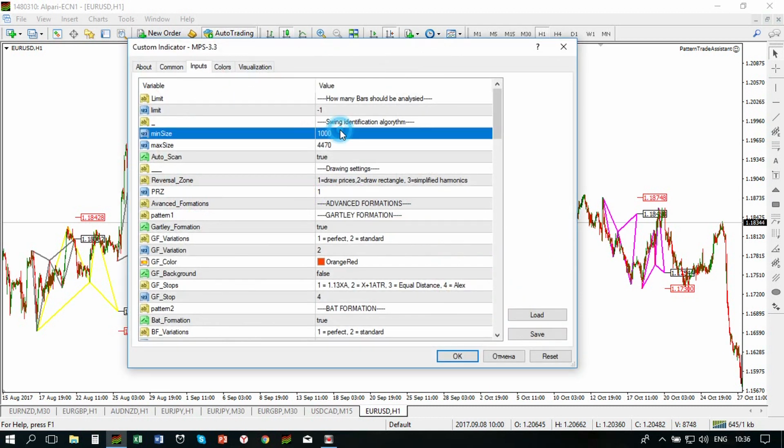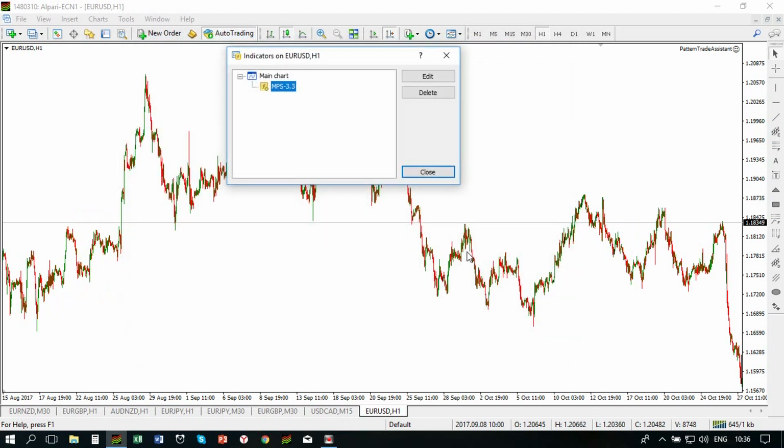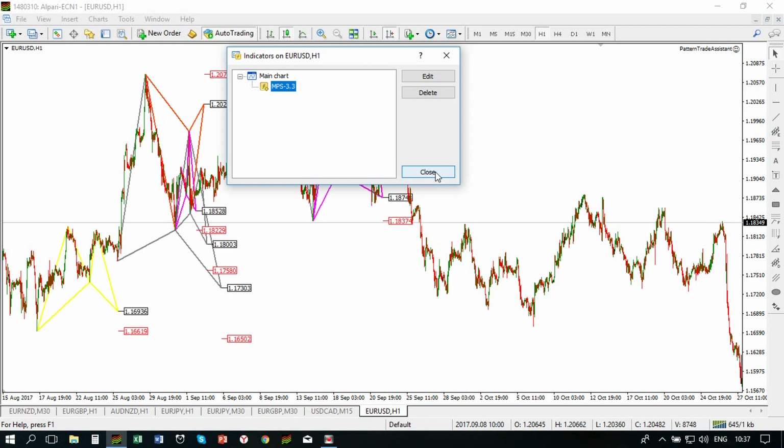Thinking, okay, 149. 1490. Oh, too many bars are calculated at the same time, so my computer became slow. Plus, the video recording software also consumes RAM.